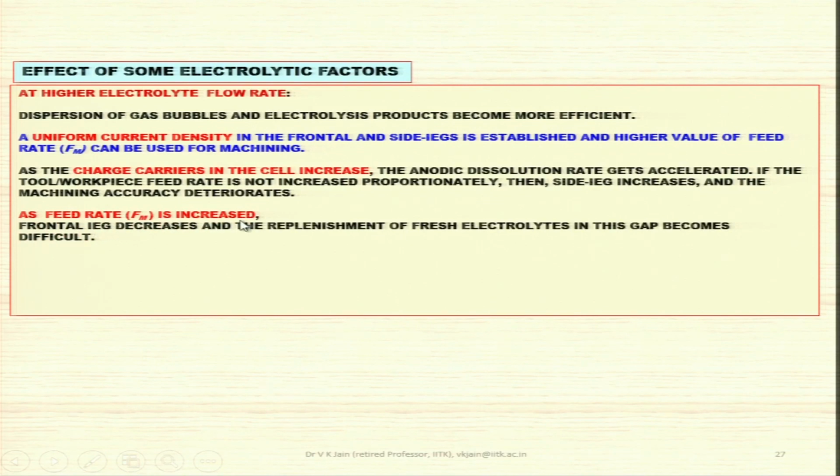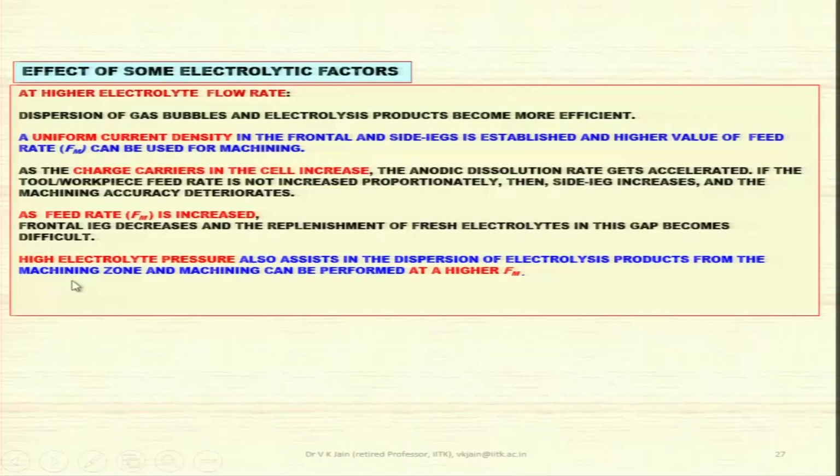As feed rate is increased, the frontal inter-electrode gap decreases and the replenishment of fresh electrolyte in this gap becomes difficult, because the gap is small and the pressure of the electrolyte flow is constant. So definitely less electrolyte flow will be there and it will be difficult.